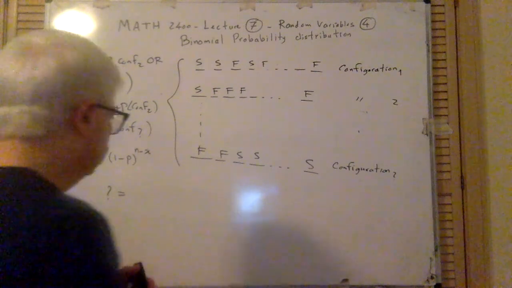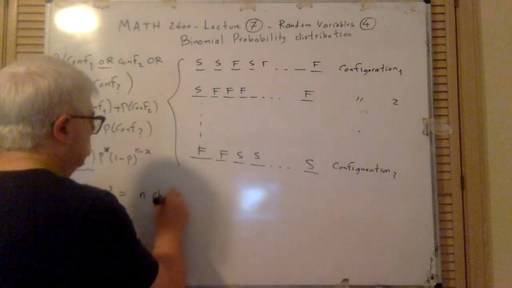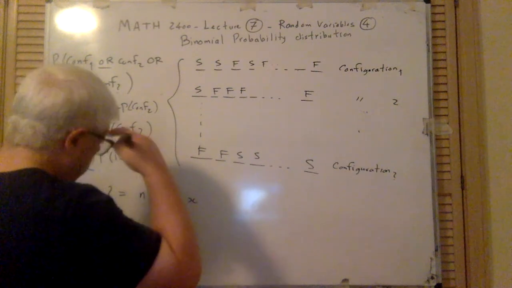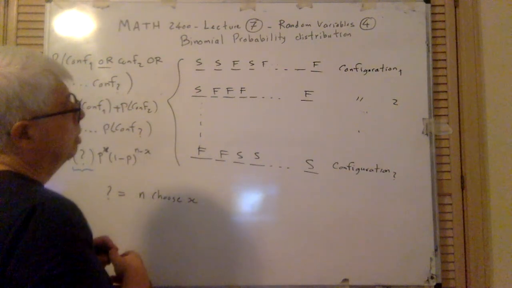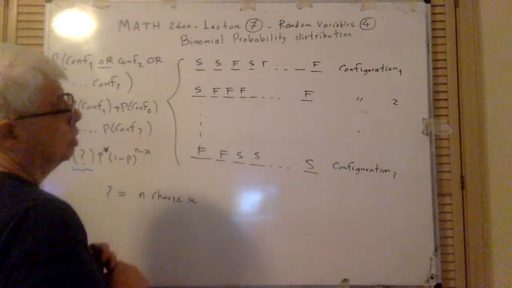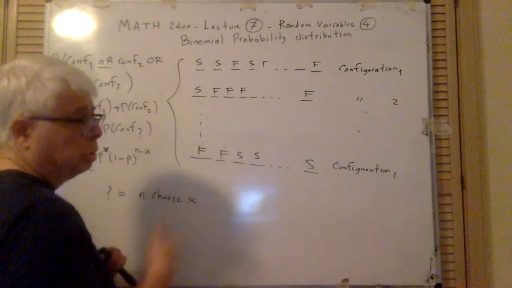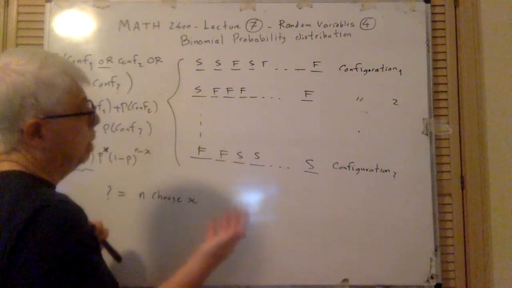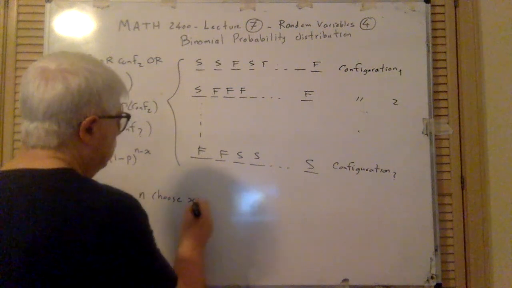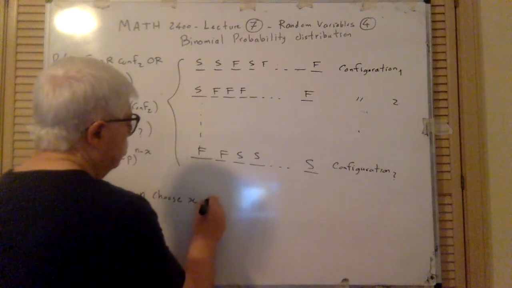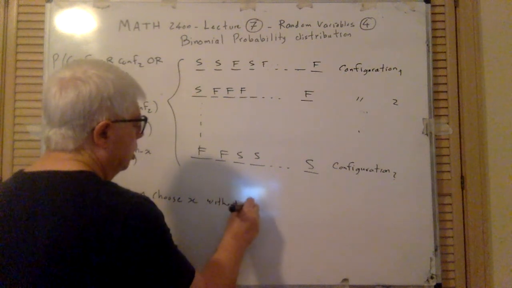What is that? That is n choose x. Do I have an order or is it unordered? It's unordered. There is no order here. Those S's can be anywhere, right? So this is n choose x without order.